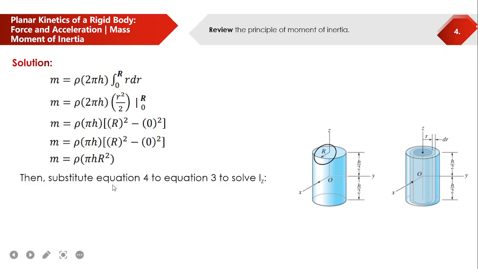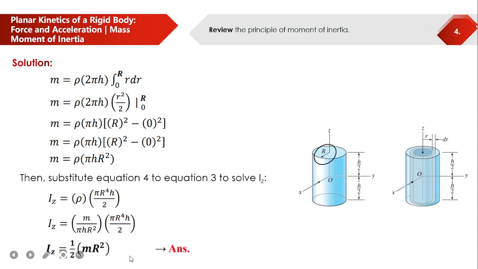Then substitute equation 4 into equation 3 to solve for I sub z. I sub z is equal to rho times pi r to the 4 h over 2, where your density is mass over pi h r squared. So I sub z is equal to one half times mass times r squared.